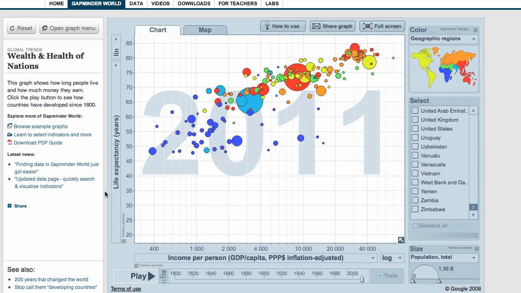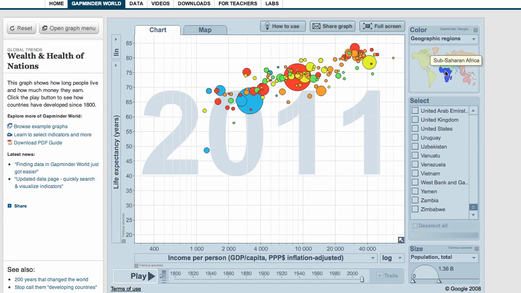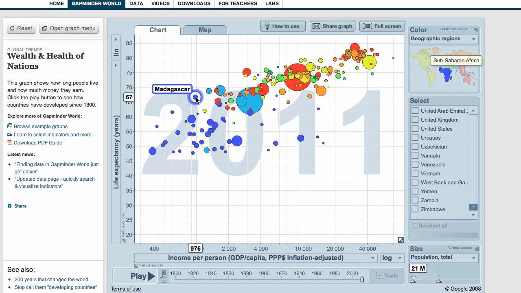So again, this axis right here is measuring life expectancy, and you're seeing in Sub-Saharan Africa that life expectancy in a lot of countries is in the high 40s on up to maybe 65 in Madagascar. But then in terms of per capita income here, we can see some countries like Equatorial Guinea actually have a fairly high income, yet still their life expectancy is around 51, still very, very low.